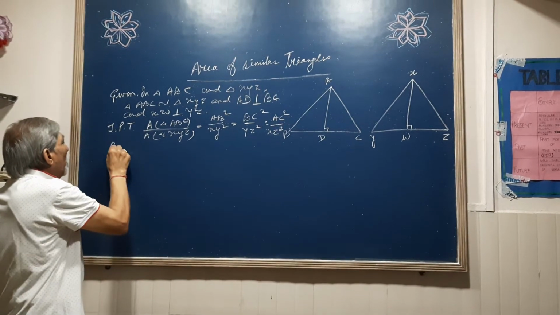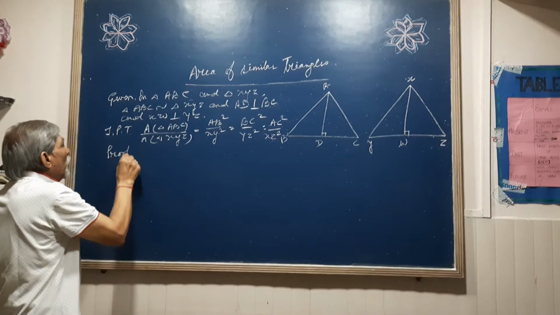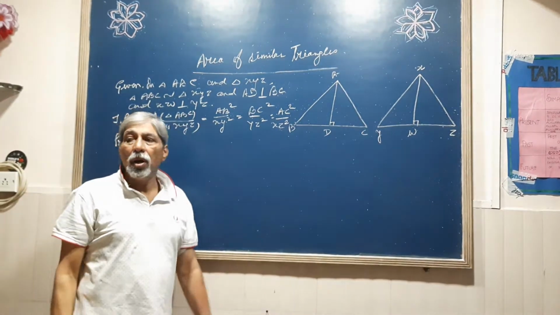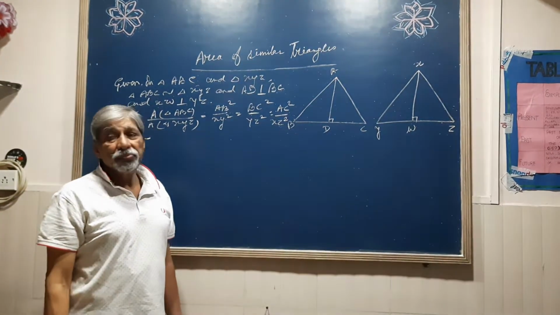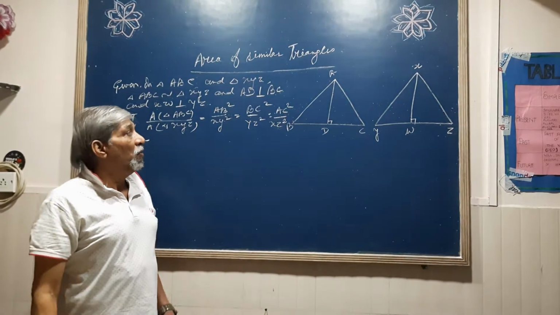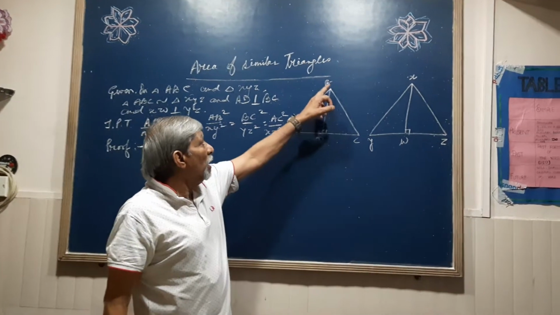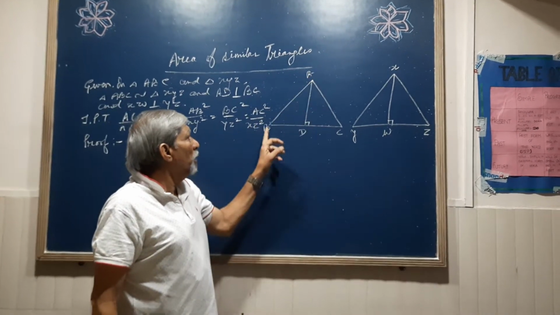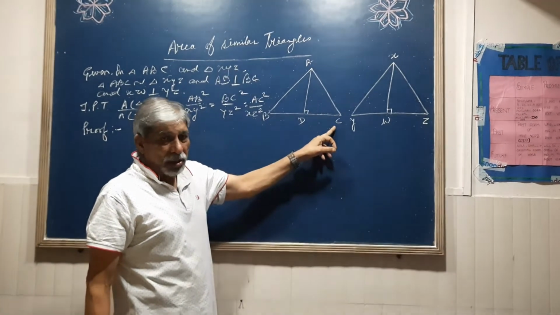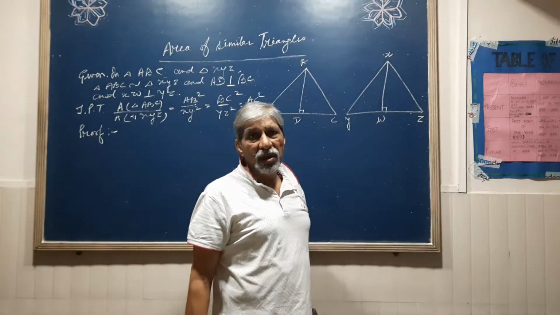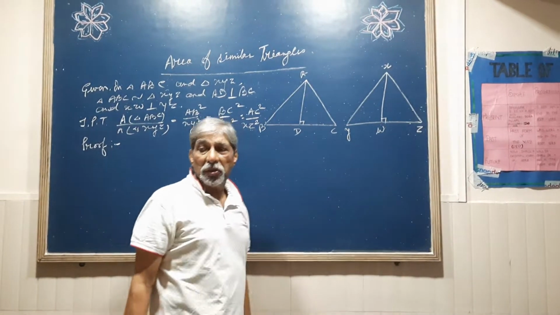Proof. First we'll understand what the proof of this theorem is, and then we will write it down. Triangle ABC and triangle XYZ are similar to each other.